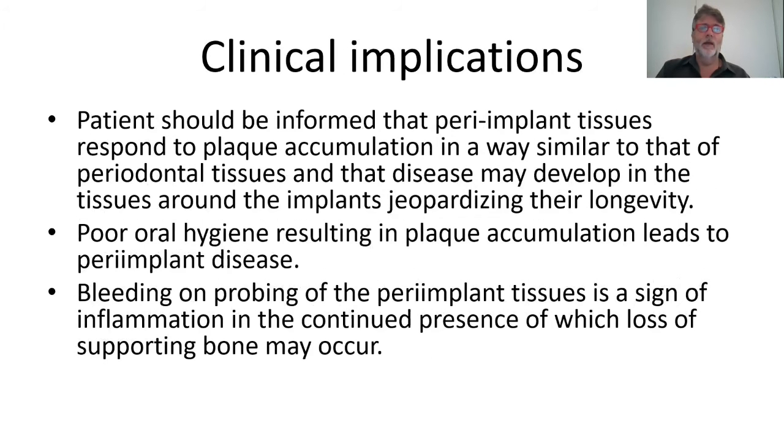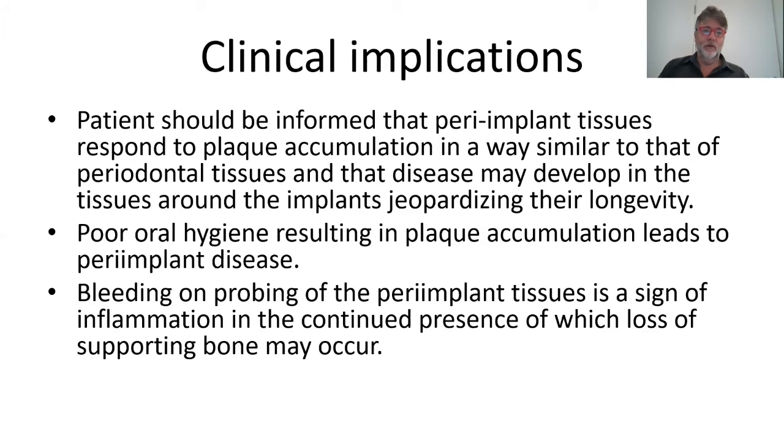Patients should be informed that the peri-implant tissues respond to plaque accumulation in a way similar to that of periodontal disease, and that the disease may develop in the tissues around implants, jeopardizing their longevity. So the patients need to be kept very much informed and aware that they're responsible for this build-up of plaque.